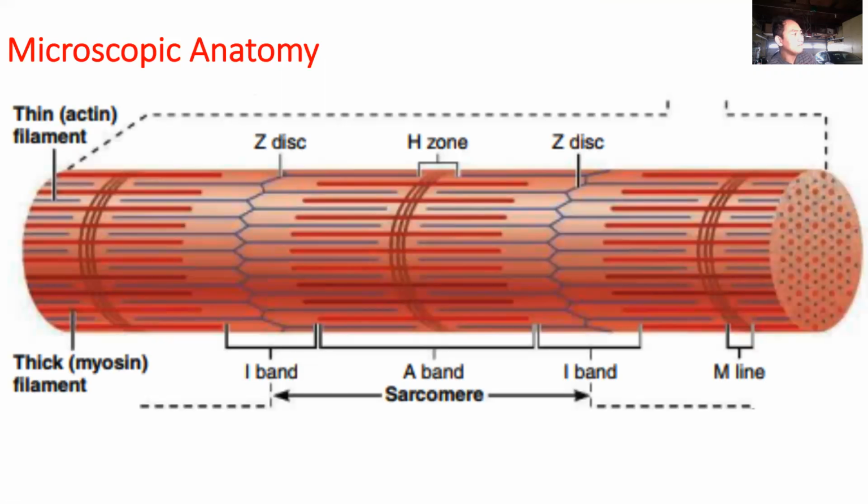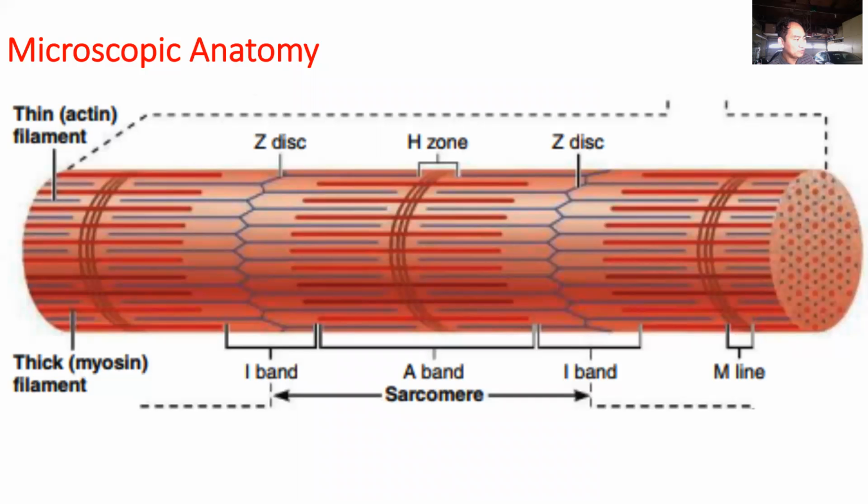Now we get to the microscopic anatomy of the muscle. As we say, all the muscles, big muscles, start with the sarcomere. Sarcomeres arrange in a linear fashion to form a myofibril.